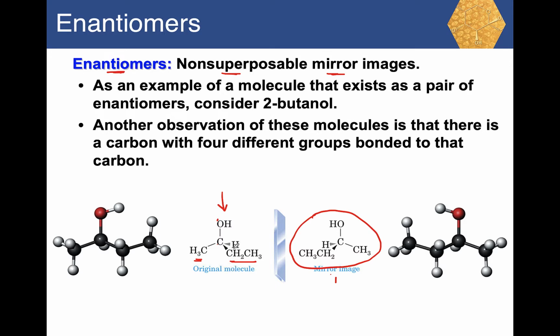So in summary, this molecule has a carbon that has 4 different groups bonded to it. Right? 4 different groups. That's going to be key in determining if a molecule is possible to exhibit enantiomerism.